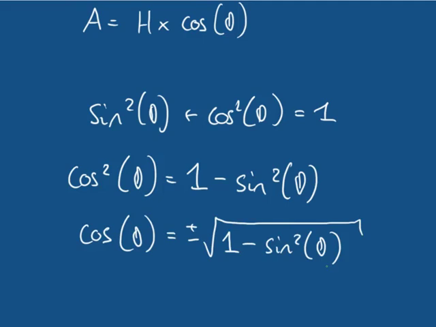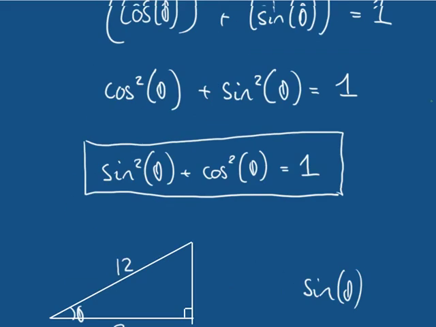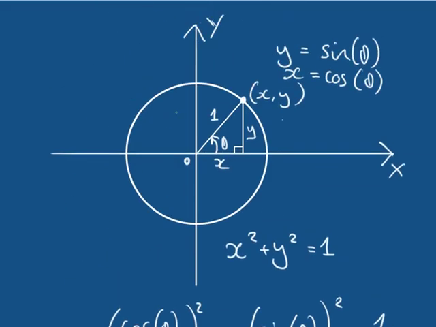So notice there are actually two possible values for the cosine of theta when we know the sine of theta. And this actually makes sense. If we were to look at the unit circle, we know that a value of sine theta gives us a y-coordinate. Well, notice for any y-coordinate, I could pick on this guy right here, there are 2 points on the circle that share that y-coordinate.